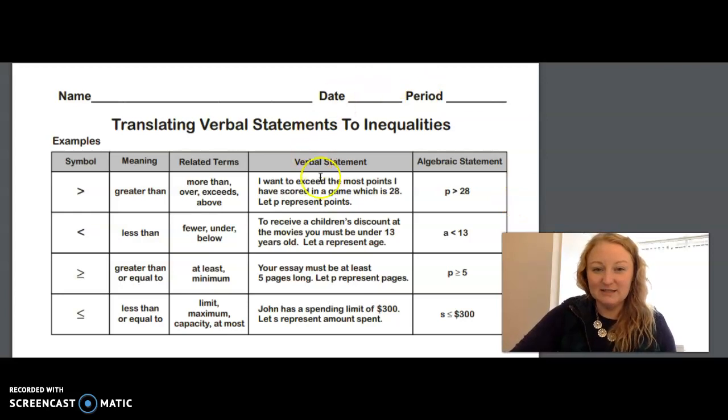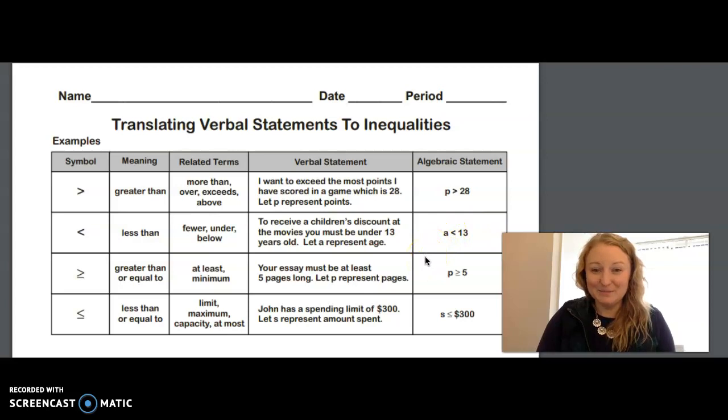Let's look at the second example. To receive a children's discount at the movies, you must be under 13. Let A represent age. So here you can see the inequality. A is less than 13. The age has to be less than 13 to receive the discount.